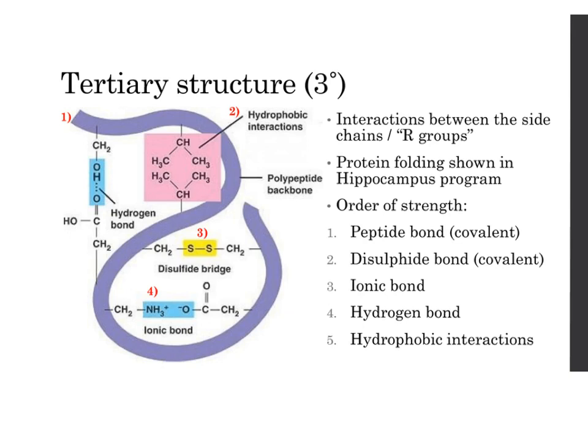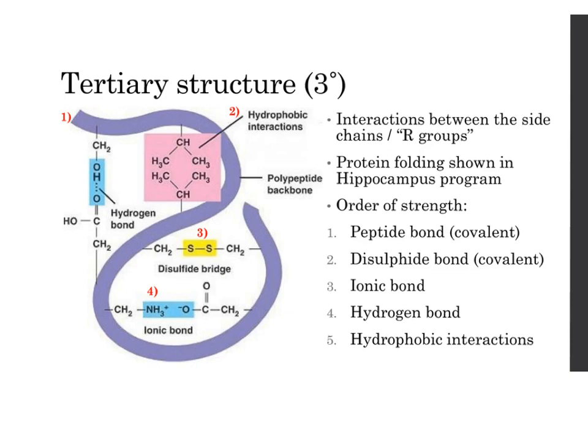So, tertiary structure are interactions between the side chains of R groups, and the way it folds is determined by a couple of different things. So you can form peptide bonds, disulfide bonds, ionic bonds, hydrogen bonds, and hydrophobic interactions. So if the amino acids have two sulfurs, therefore you form a disulfide bridge, which will bring those two parts of the amino acid chain closer together.